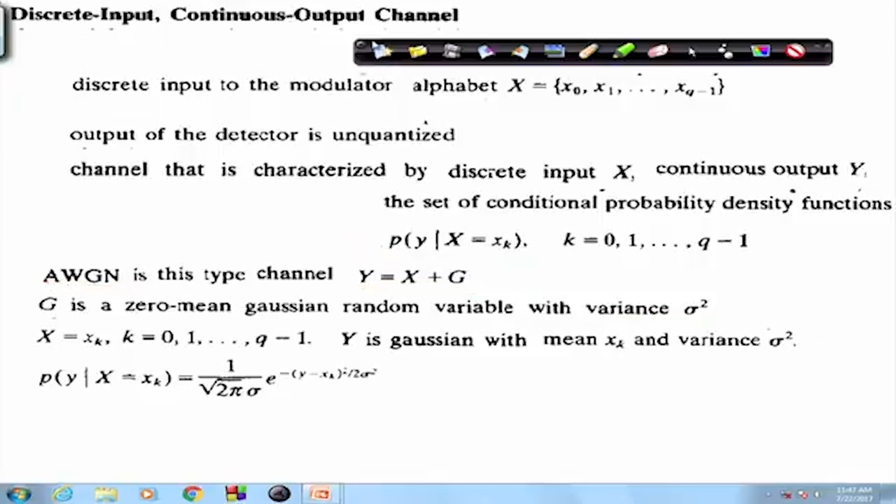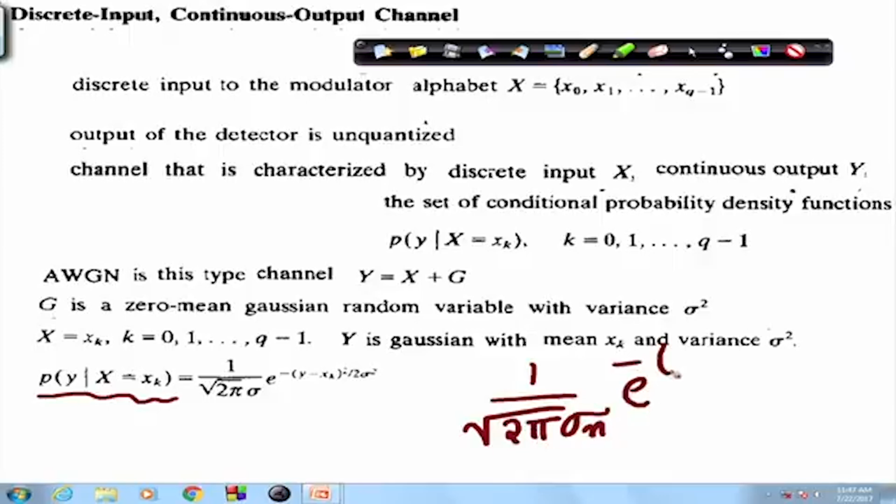That is what we have seen before, and the conditional PDF, we are used to this expression. There is nothing new in this expression: 1 by root 2 pi sigma_n, e to the power of minus (y minus x) squared, where y is the received signal.